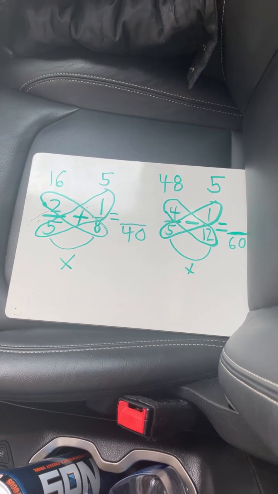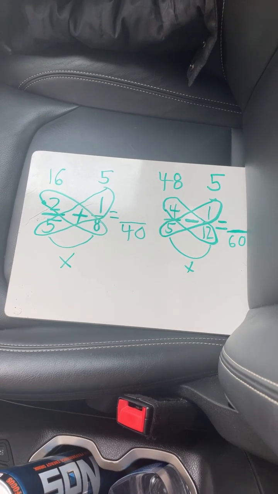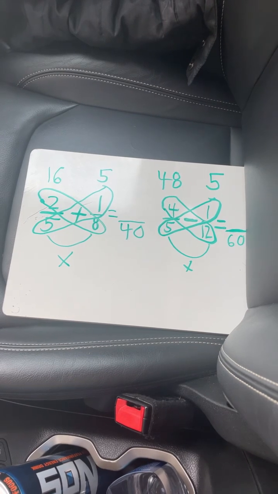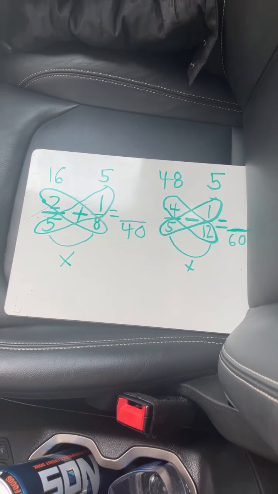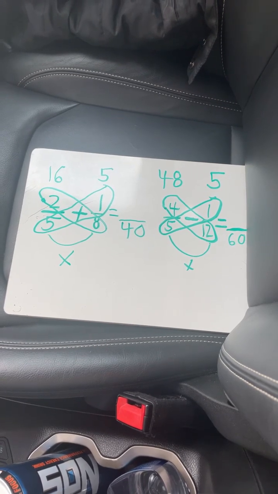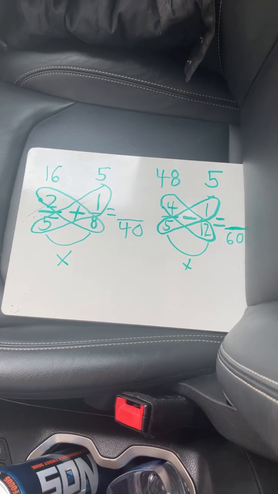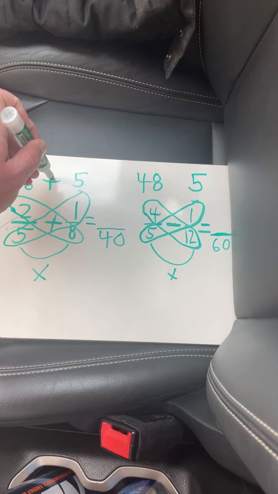Here is where the difference comes in. The only difference between when you're adding fractions with unlike denominators and subtracting fractions with unlike denominators is when you put in the sign. So all the steps, multiplying, finding the products, are the same. Here's where the difference is. I'm going to put a plus sign here because I need to add the numerators.